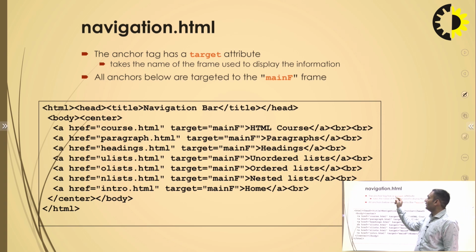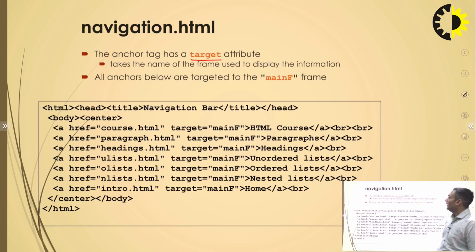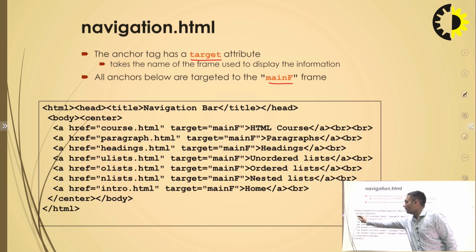Another attribute that is possible with the anchor tag is the target attribute. It takes the name of the frame that is used to display the information. All the anchor tags used here in this main frame are like this.